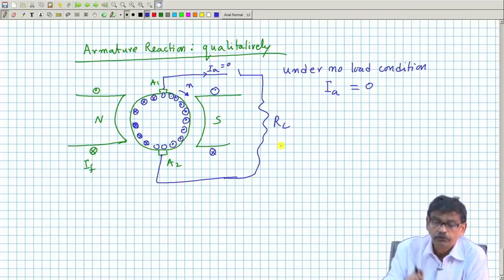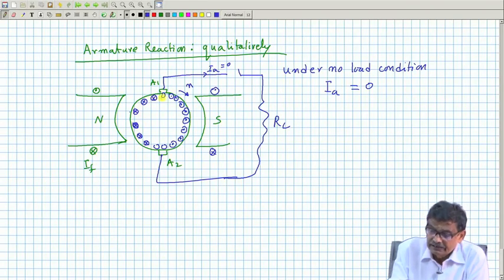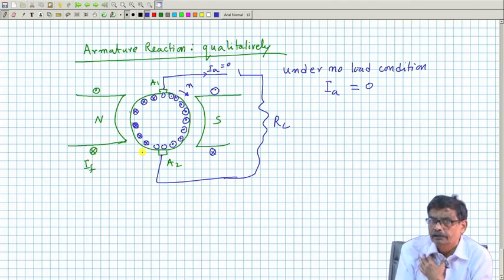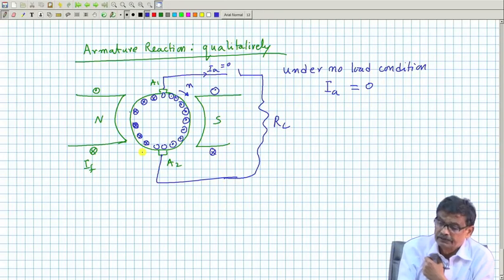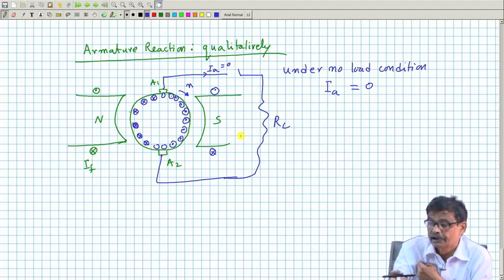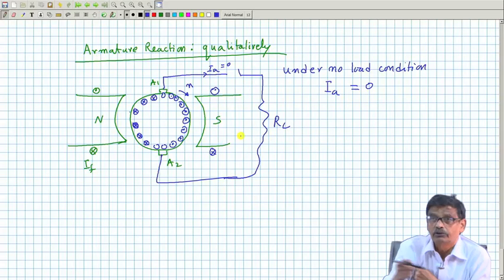But when the armature carries current, these coils too will produce their magnetic field. Therefore, we should ask ourselves whether the flux per pole in the machine will still remain what it was earlier when I_A was 0, and based on that I calculated the generated voltage.